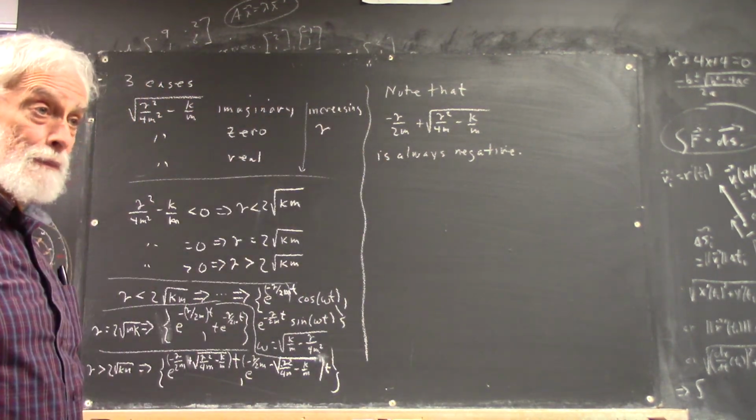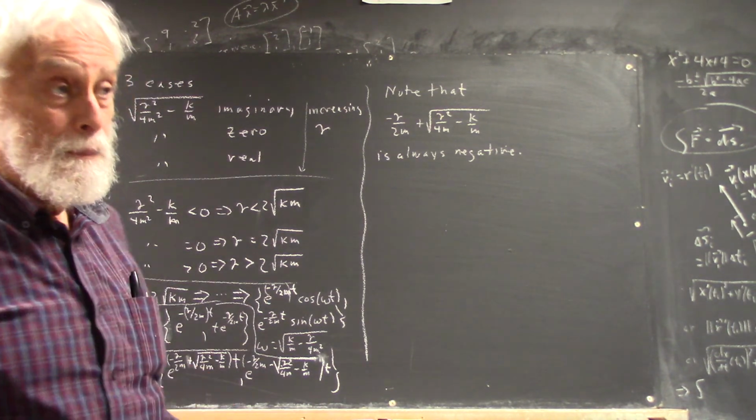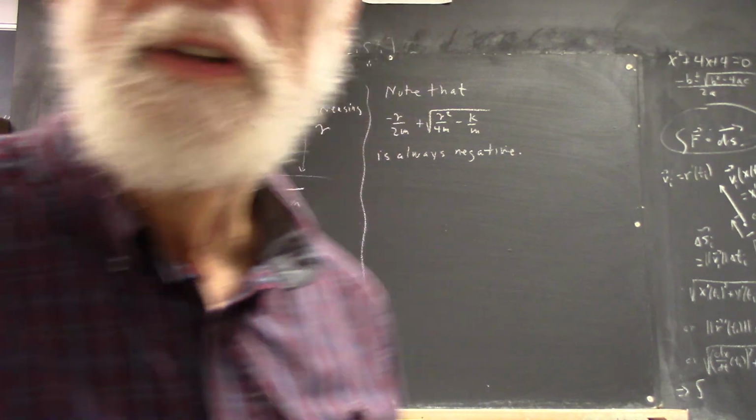That's important, because otherwise this is an increasing exponential. So can you explain why this is always positive?